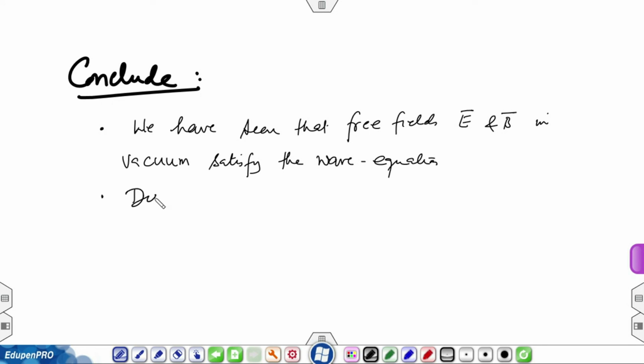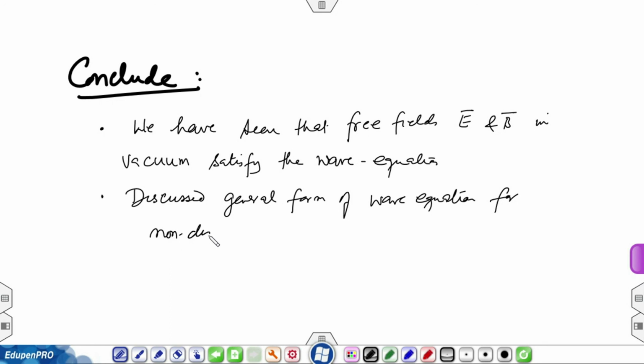We have discussed the general form of the wave equation for non-dispersive waves and solved an example.